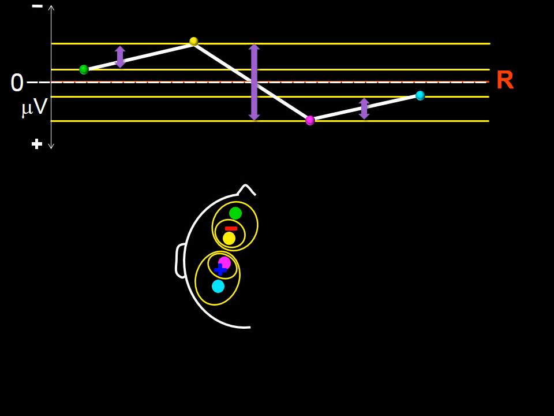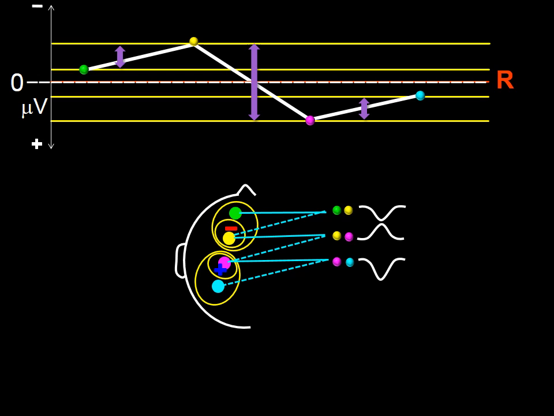I have included in this frame the isopotential map corresponding to the voltage graph. Were we to record this isopotential map using a bipolar recording, we would get a double phase reversal.